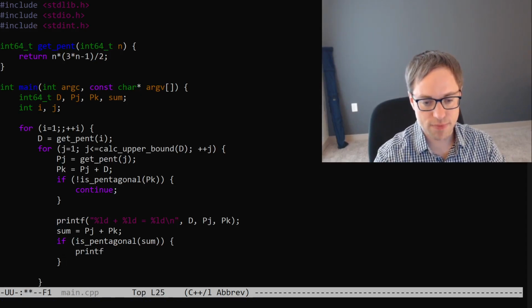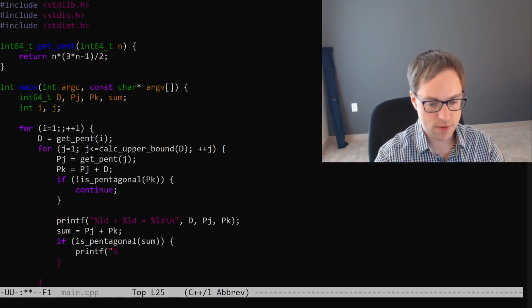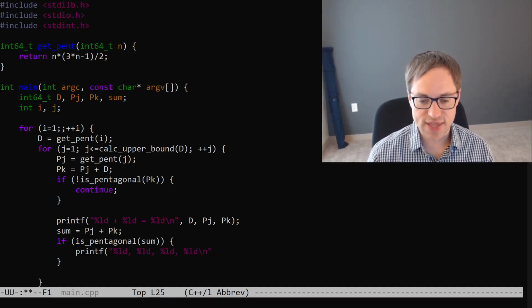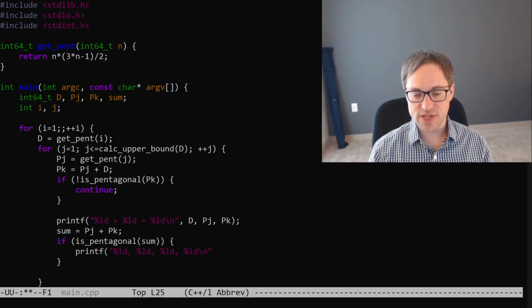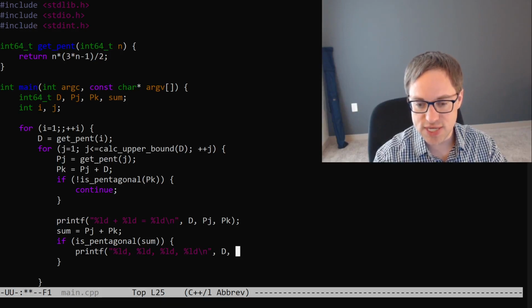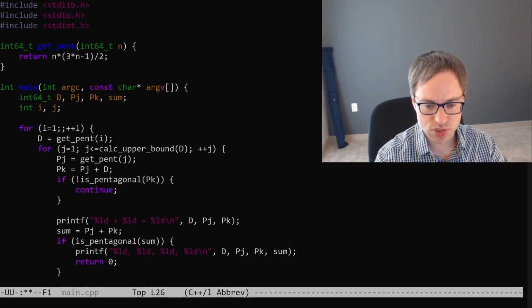So we'll say printf, and we only need the first value, but it's kind of satisfying to see all four and see that they actually do have the desired properties. So I'm going to print out all four of them instead, and that's going to be d, pj, pk, and their sum. And from there, we can just return 0.